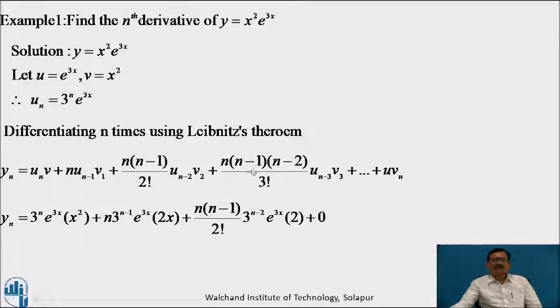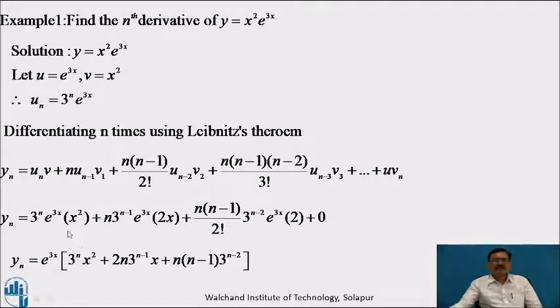plus next n into n minus 1 into n minus 2 by 3 factorial into u suffix n minus 3, and v3, the third derivative of x square, will become 0. Therefore, the nth derivative terminates here. And now we can simplify. Therefore, yn equal to what?